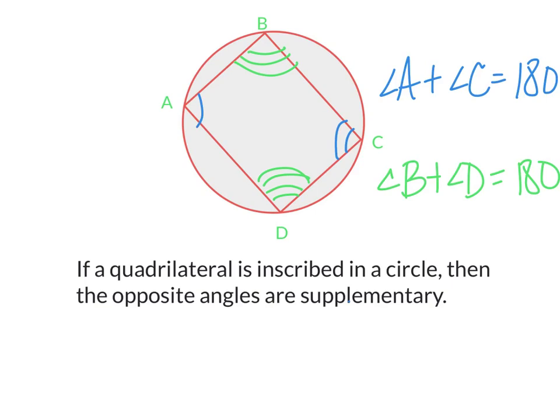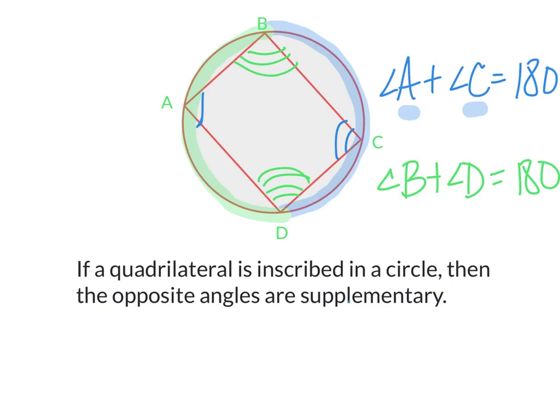If you notice that angle A intercepts this arc BCD, and angle C intercepts this arc BAD. And they make up the whole circle.